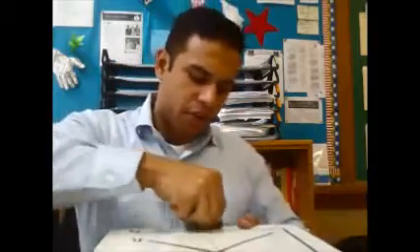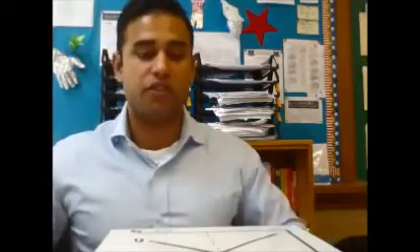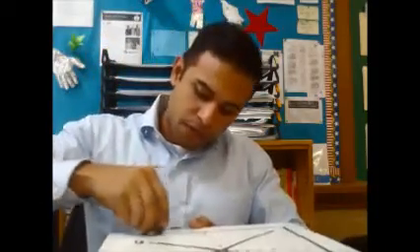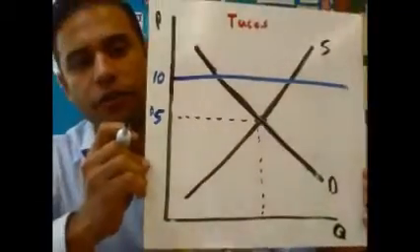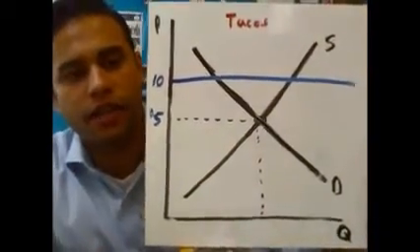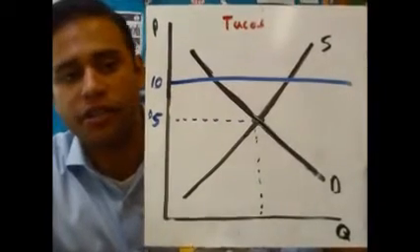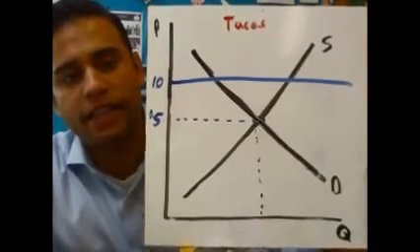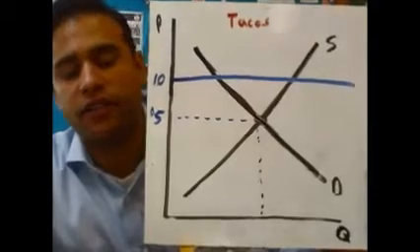There's one situation where the price can actually be the thing that has changed, and it's not a result of supply and demand. And that is if the government makes a law that says the price has to be something. Say that the government says, even though the market would like the price of tacos to be $5, taco makers have gotten all upset, and they said, we can't survive at $5 tacos.